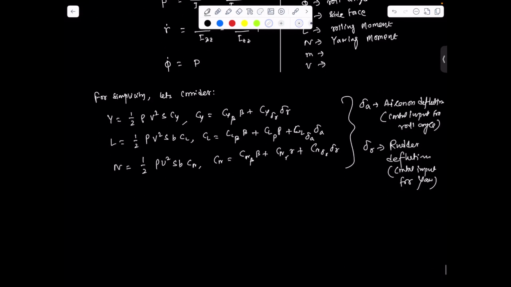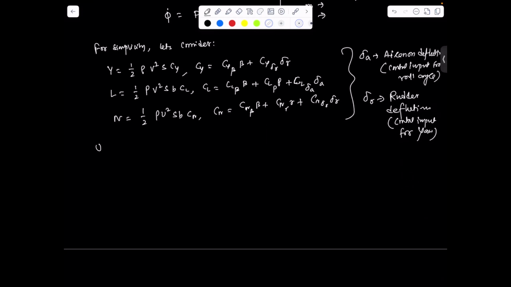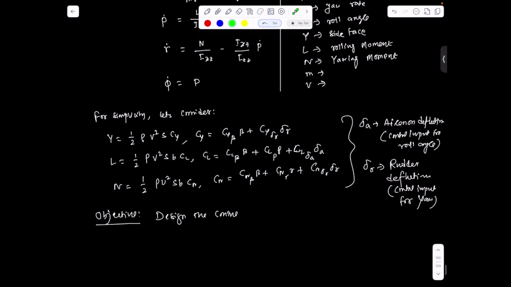So our objective is the control objective, and to design the control. If you notice here, there are two control inputs, one is delta R and the other is delta A. If you want to design both controls, you have to go through a little long mathematics. But in this lecture, we'll be considering only delta A, which is going to control the phi angle.